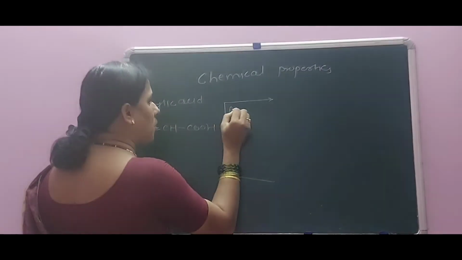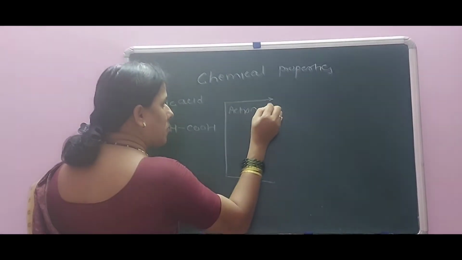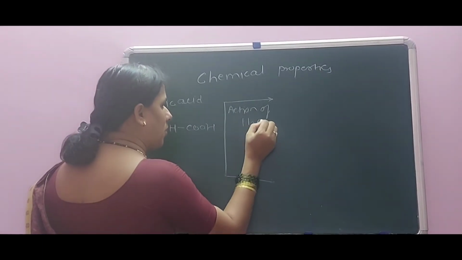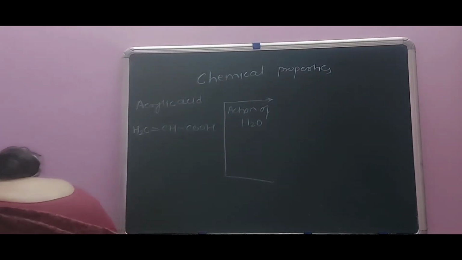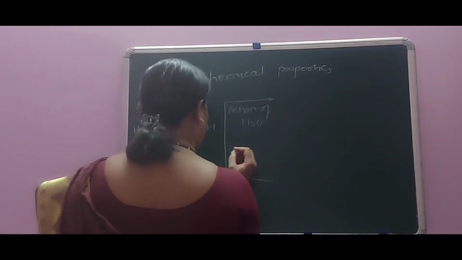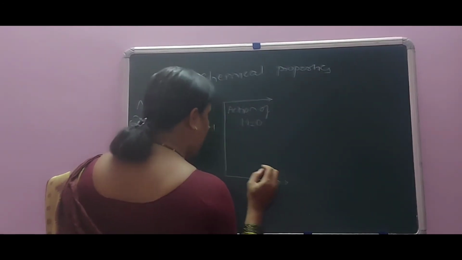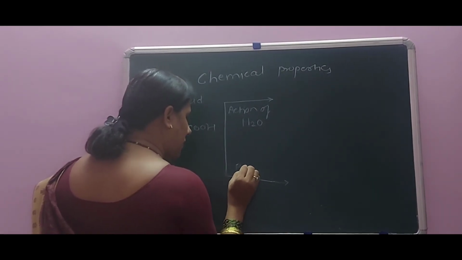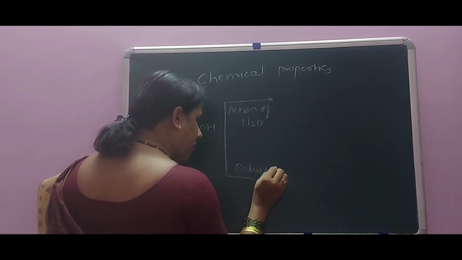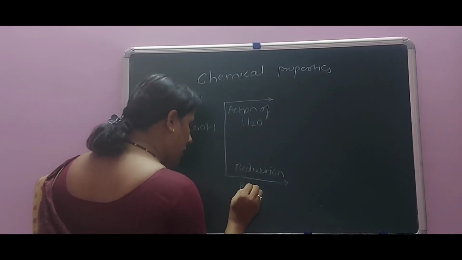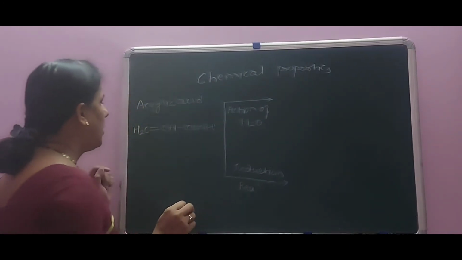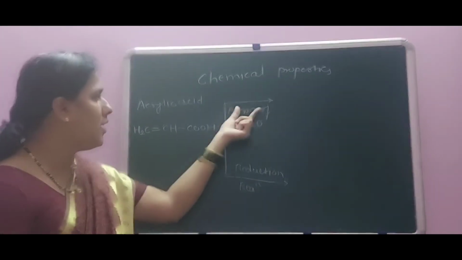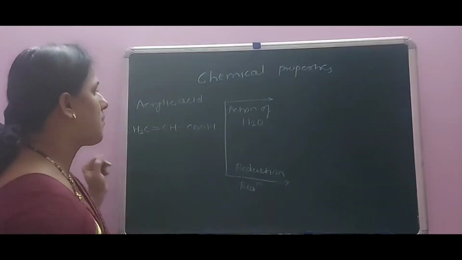First is the action of bromine, the action of water molecule, and the second one is reduction. Due to its double bond and its functional group COOH, it can undergo two kinds of chemical reactions.